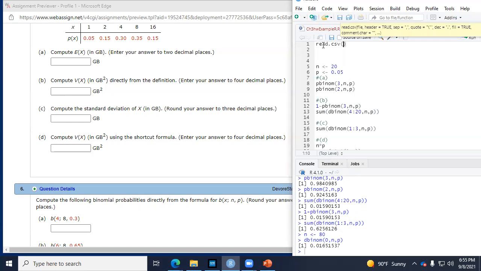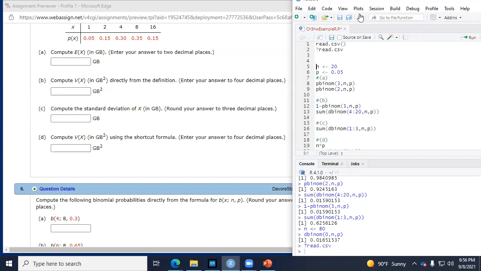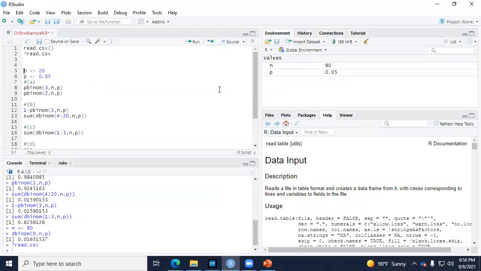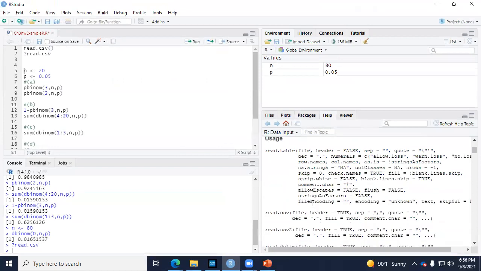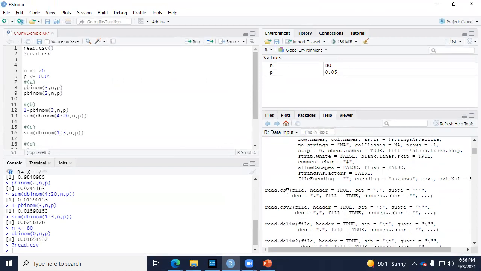There are definitely some arguments. If you don't know how to do this, you just type a question mark and run this line. It will show you how to read a table, how to read a CSV, where your file is, and those things to read it in.